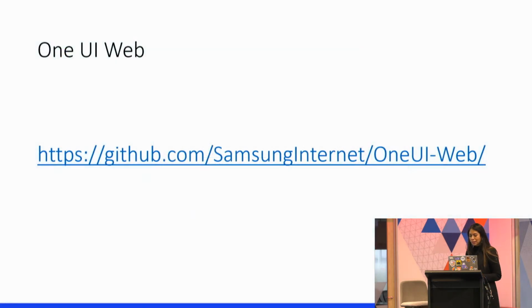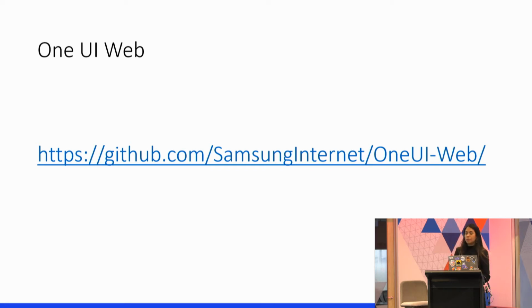So I think that you need some more action here, right? Don't sleep and take a nap. So we have two things for today. First of all, this is our library, One UI Web, okay? So please check it out, give us feedback. We are improving things for you.